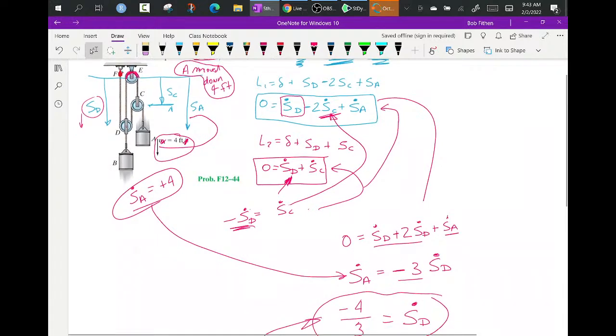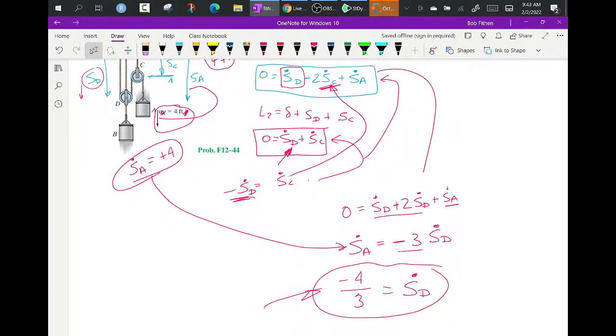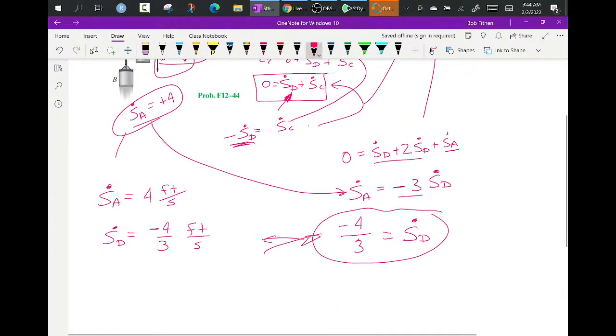Because actually, if you look at this problem, you came up with SA is equal to 4 feet per second, and then you came up with an answer that said SD is equal to minus 4/3 feet per second.